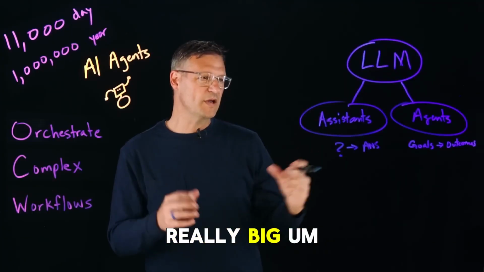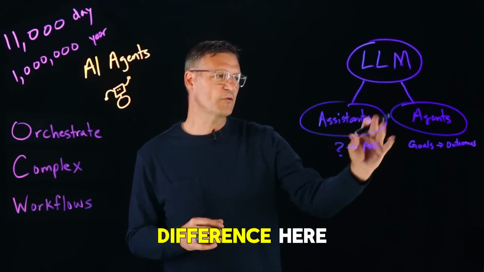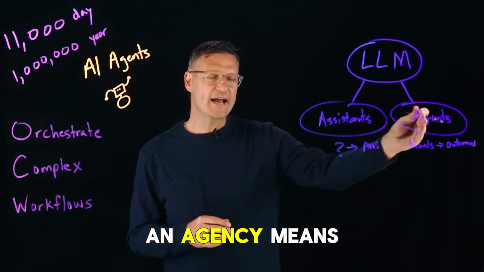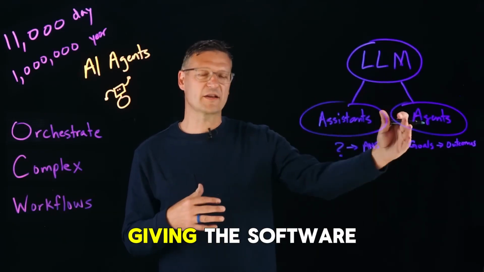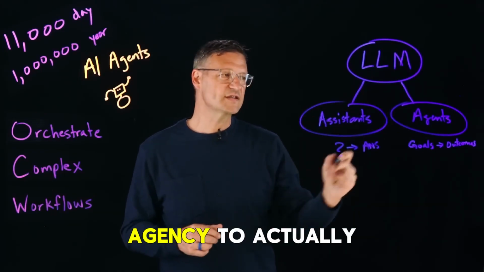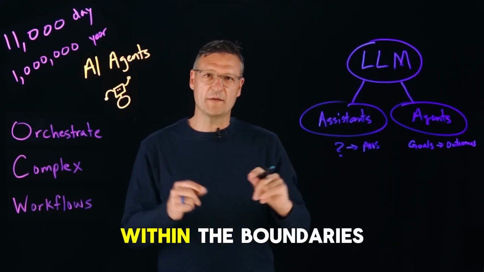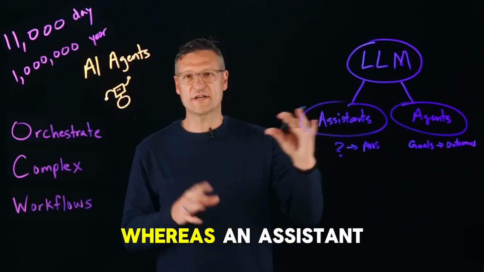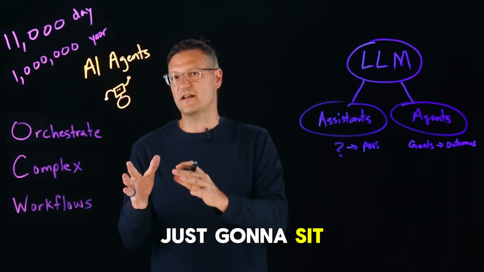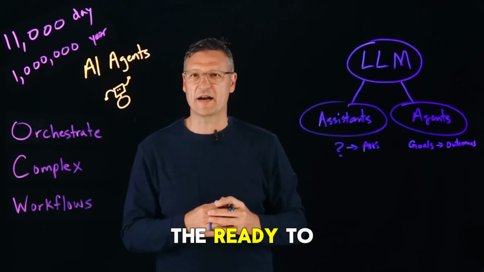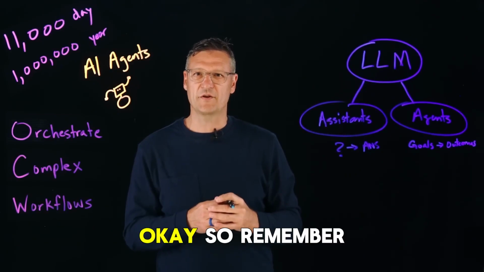Now, the really big difference here is down to the definition of the word agency. And agency means that we are giving the software agency to actually take action at its discretion within the boundaries that we set. Whereas an assistant is just going to sit there until it's prompted, right? And then it's going to be at the ready to answer us when we prompt it, okay?